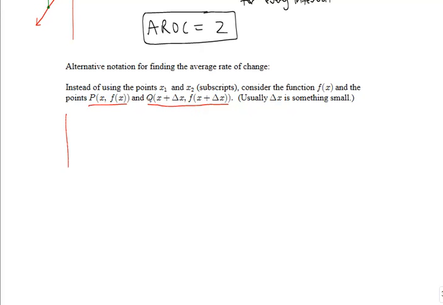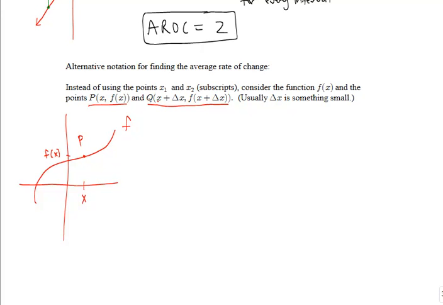So here's the idea. You're going to have some general function f, and you're going to pick sort of a starting point. That's going to be our point P, which has coordinates x comma f of x. And then a lot of times in calculus, what we want to do is go just a little distance away from that base point. And so we're going to define our point Q to be just a little distance away from x.